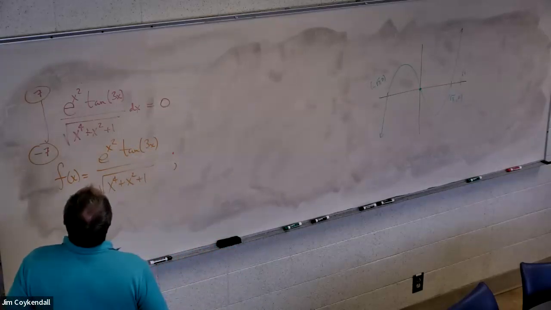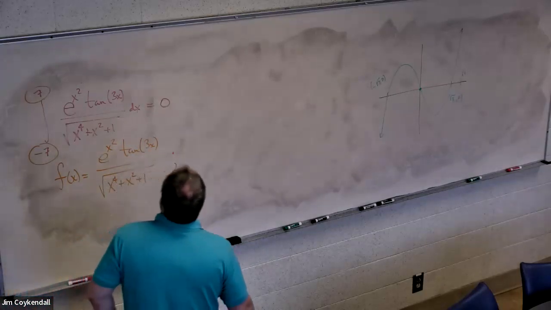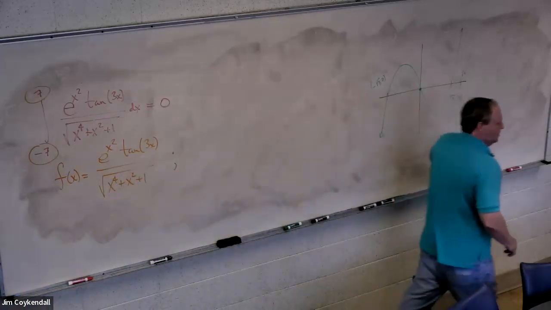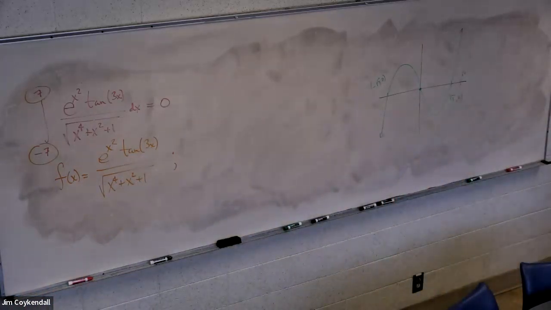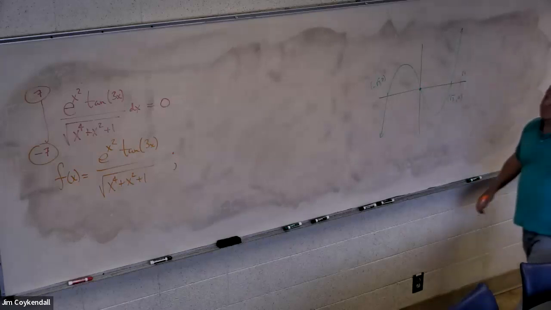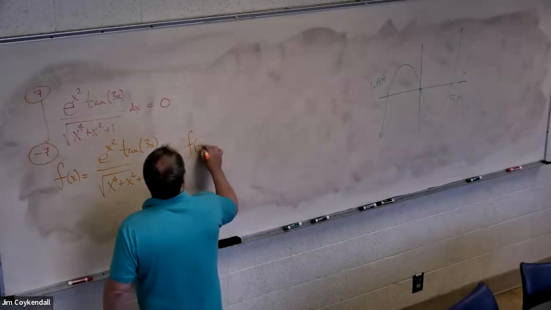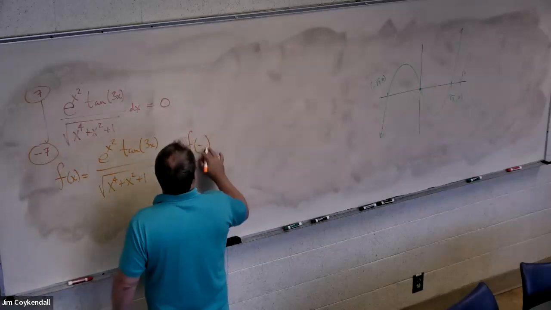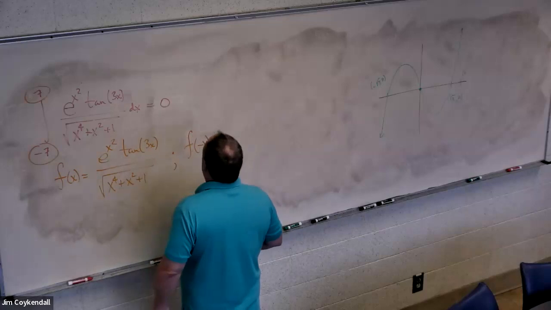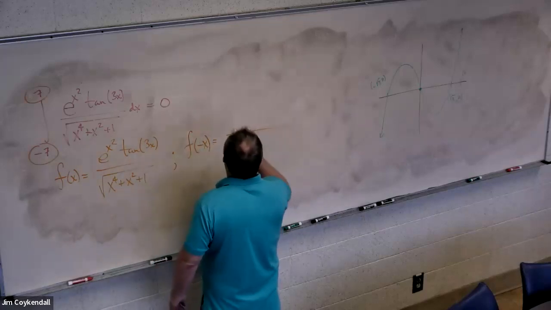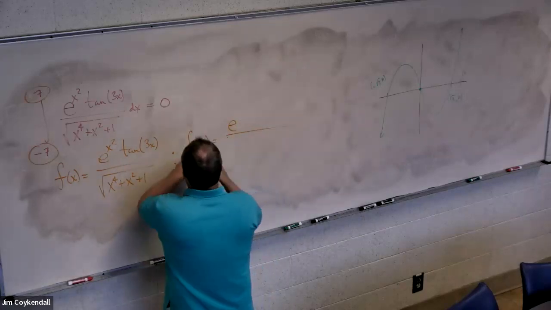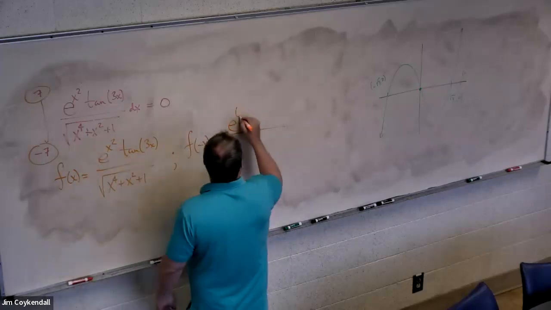Actually, I should have said 77. What is the problem here? It says 77, didn't I? Something smaller. Let me show you. f of minus x is e to the... So I'm replacing every x with negative x.